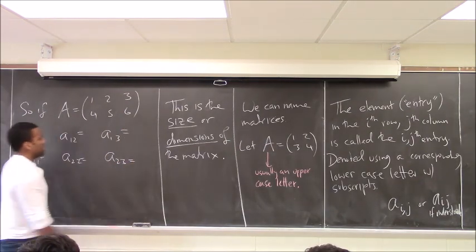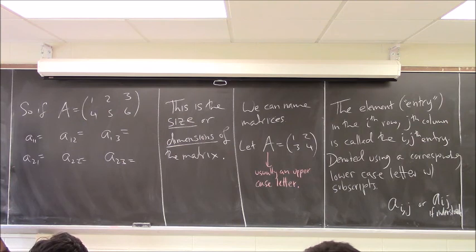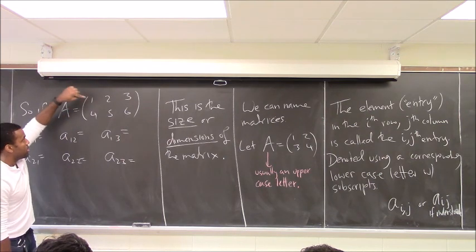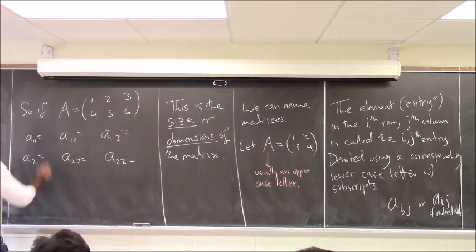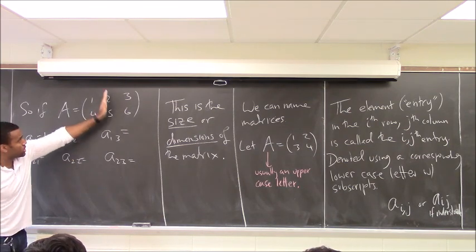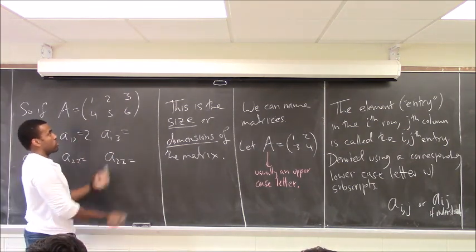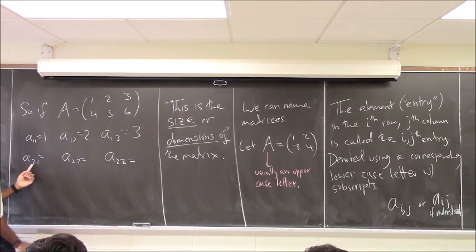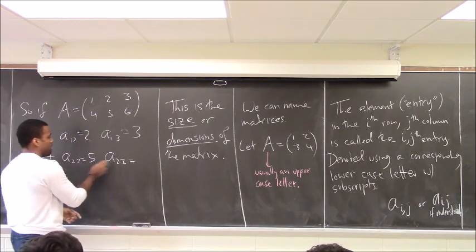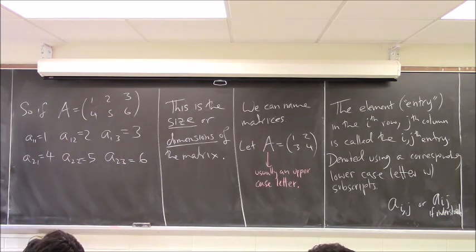This is the element that's in the first row and first column, so that's going to be the 1. First row, second column, that's the 2. First row, third column, that's the 3. Second row, first column, that's the 4. And then this would be the 5, and that would be the 6.